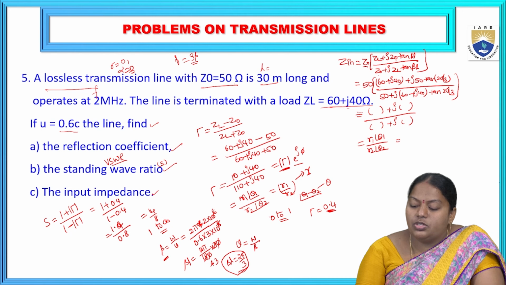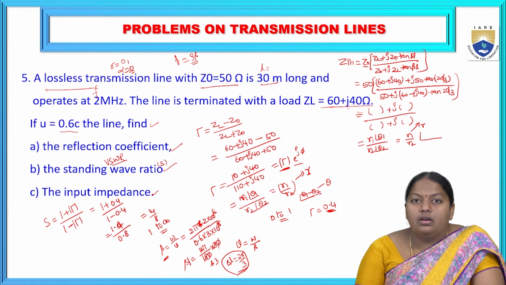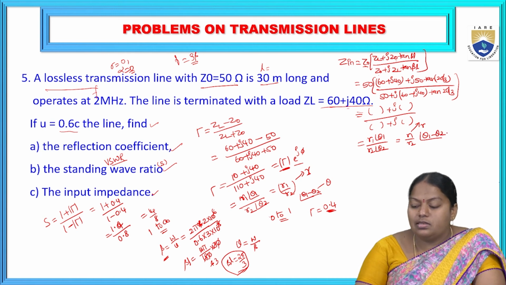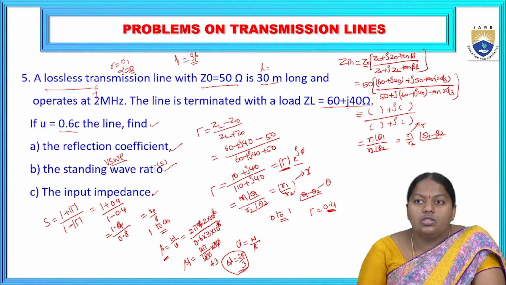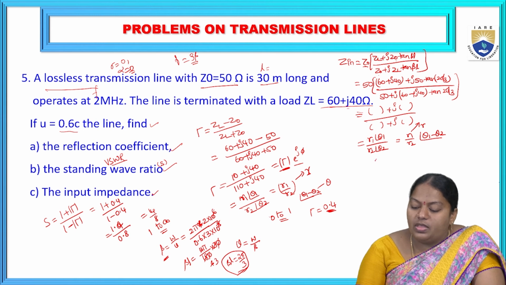To simplify the ratio here, r1 by r2 becomes its magnitude r, and to divide the angles theta 1 and theta 2, we consider the formula as the difference between the two, that is, at an angle of theta 1 minus theta 2. Finally r at an angle of theta is the value of Zin.